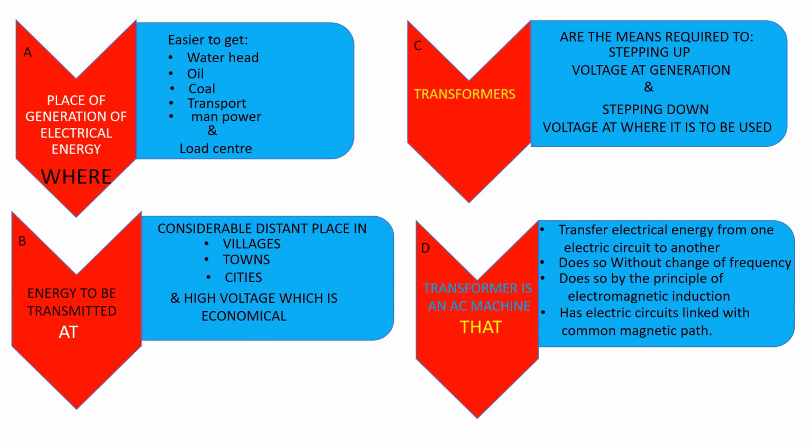Due to economic considerations, high voltage transmission is preferred. This high voltage transmitted energy is stepped down to a suitable voltage according to customer choice at different places, keeping the generating station at their load center if possible.